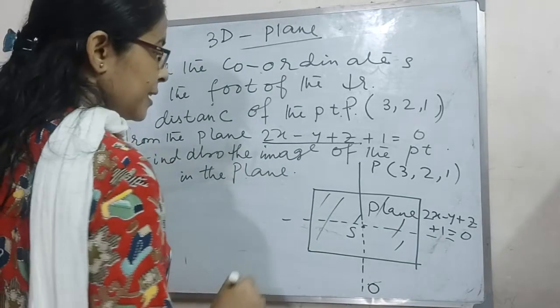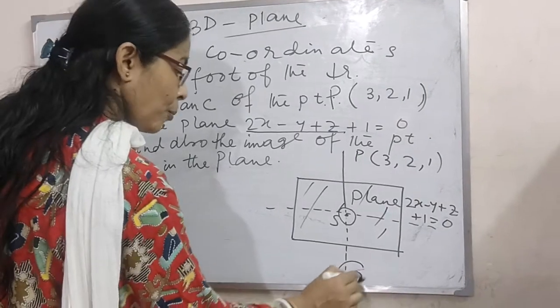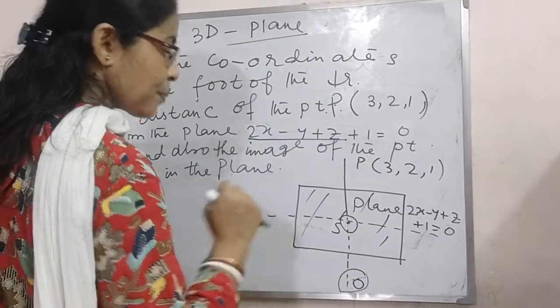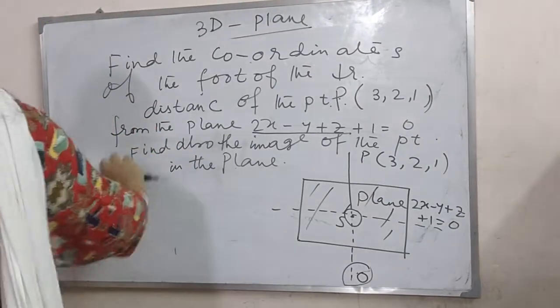We have to find the coordinates of point S, the coordinates of point O and the distance PS.